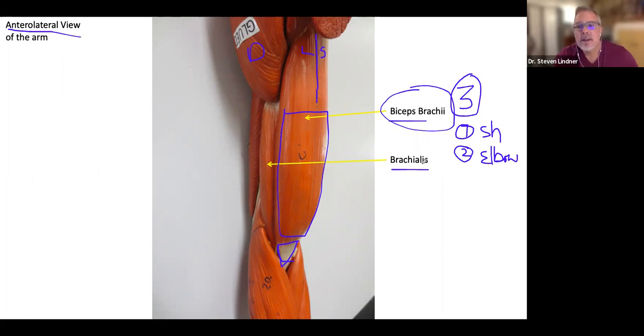Okay. The brachialis can flex the elbow as well, and it's very strong in the pronated position.